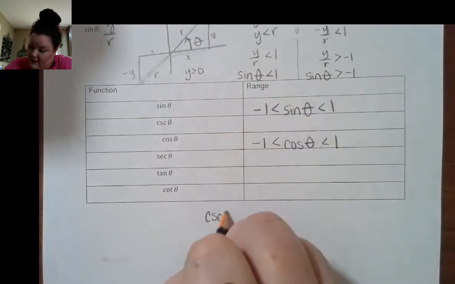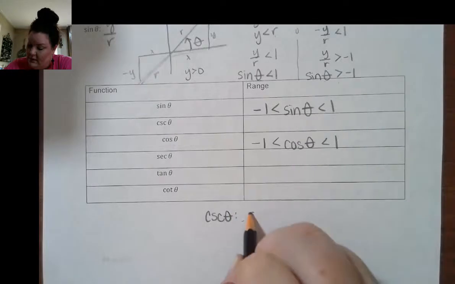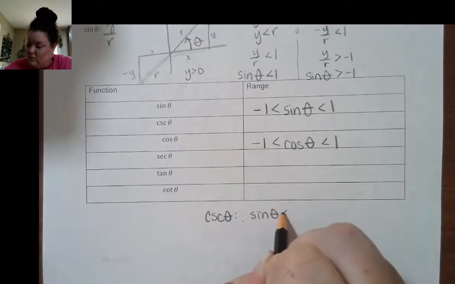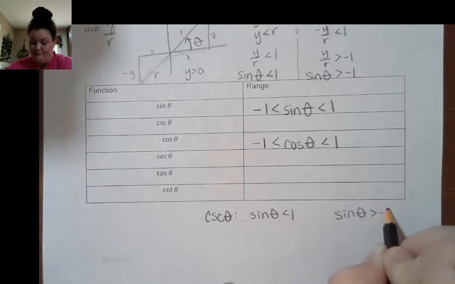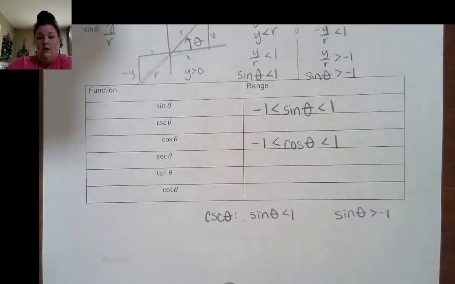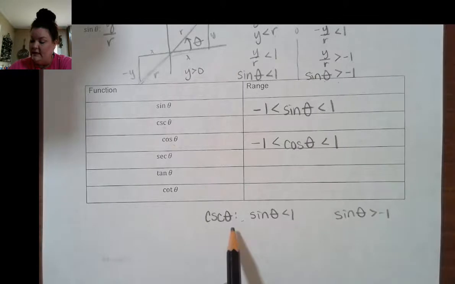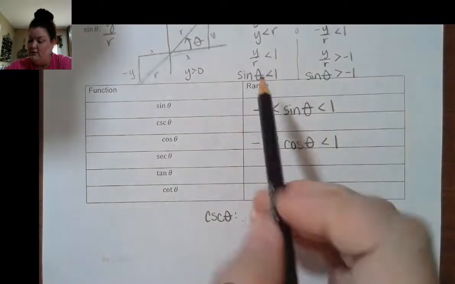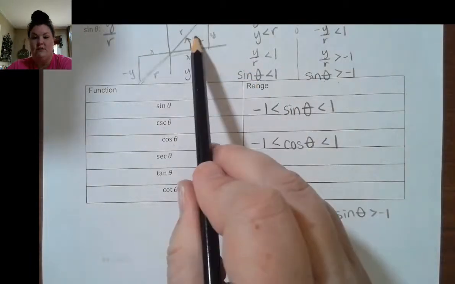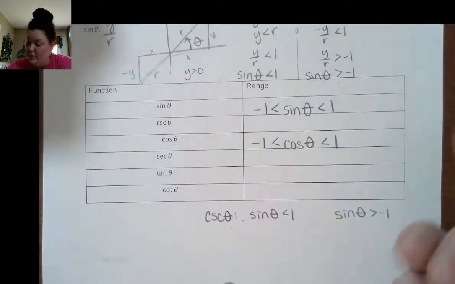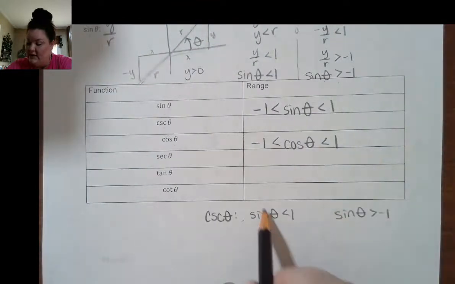Looking at cosecant theta, we know that sine theta is less than 1, and we know that sine theta is greater than negative 1. For cosecant here, this first one, sine theta is less than 1, comes from our standard position up here in quadrant 1. So we know this sine value is positive.